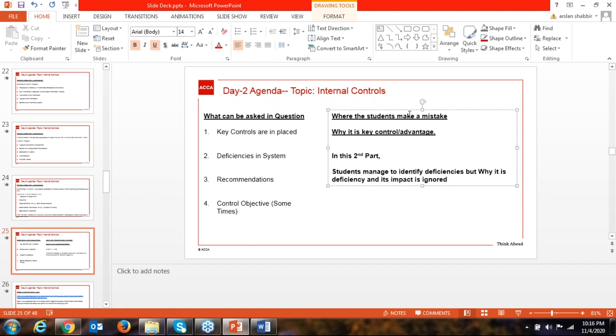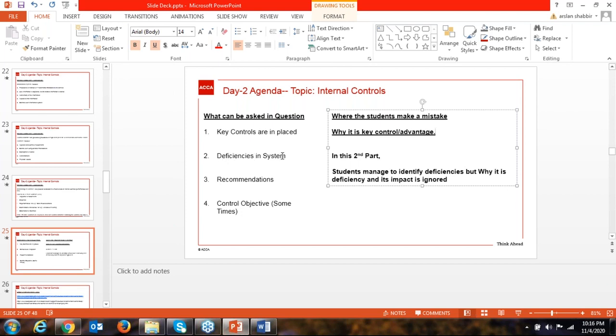That's the mistake the students make. Students forget to tell this. So when you are asked about the key controls, you need to mention two things: the key control and why it is a key control.